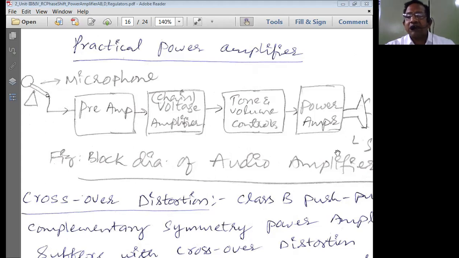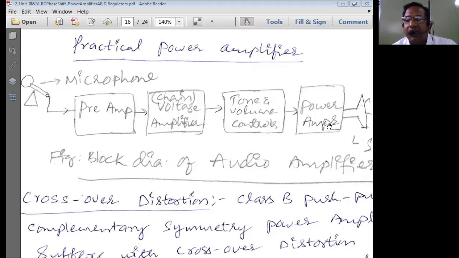Then the class B power amplifier, which by name itself is called the push-pull type of power amplifier. We have studied this as the class B push-pull power amplifier and the complementary symmetry class B power amplifier circuit. Class AB is an extension or upgradation of the class B push-pull power amplifier.